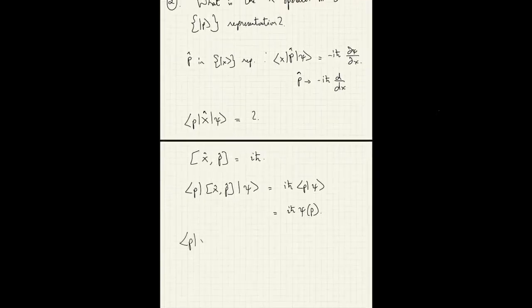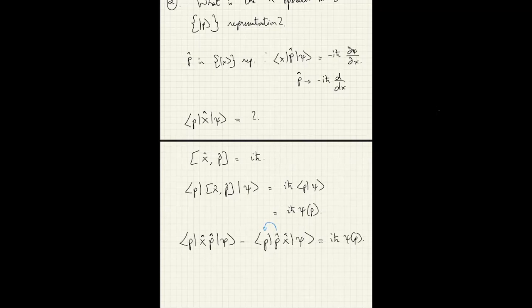What is the left-hand side? The left-hand side is ⟨p|XP|psi⟩ minus ⟨p|PX|psi⟩, and this is equal to iħ psi of p. But in the P representation, the P operator, looking at the second term, acts on the bra ⟨p| to just give you the corresponding eigenvalue p.